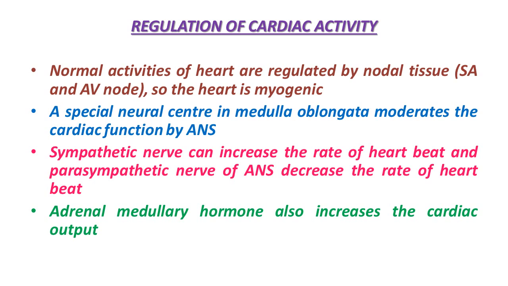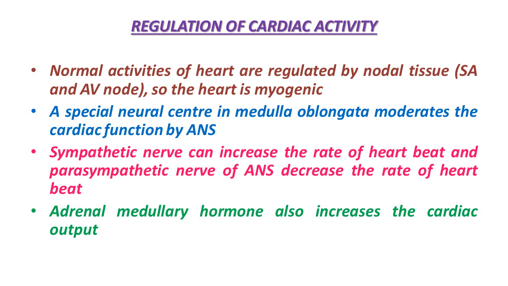And opposite to it, the parasympathetic neural system, also a component of the same ANS, decreases the rate of heartbeat, the speed of conduction of action potential, and this way the cardiac output also. So it is clear to us now how regulation of cardiac activity takes place in the human body.